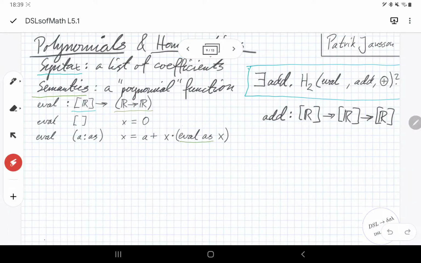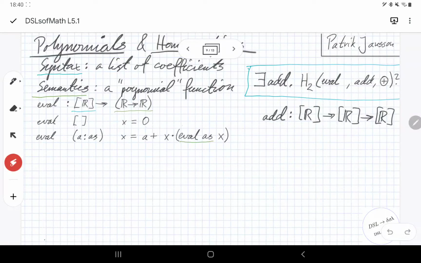So basically the question is, for one of the operators, does there exist an add such that eval takes this add to function addition? I'm writing function addition here as a plus with a ring, as we did a few lectures back as well, just to keep track of the types.